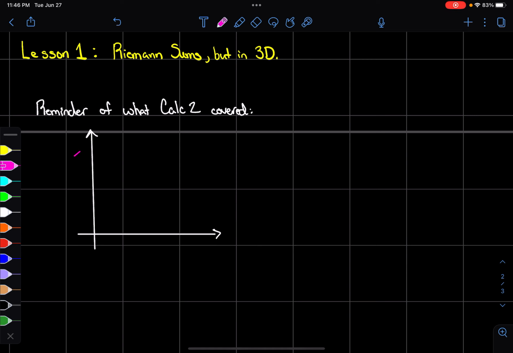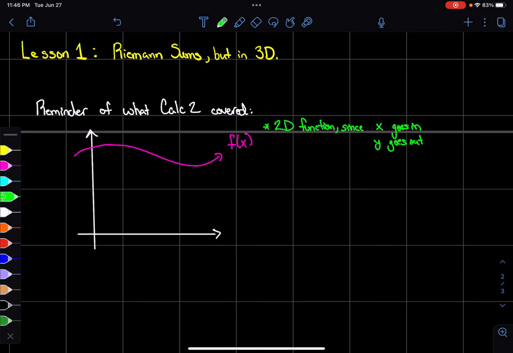And let's say that we have some function that represents whatever you want. This is a 2D function, since x goes in, y goes out.